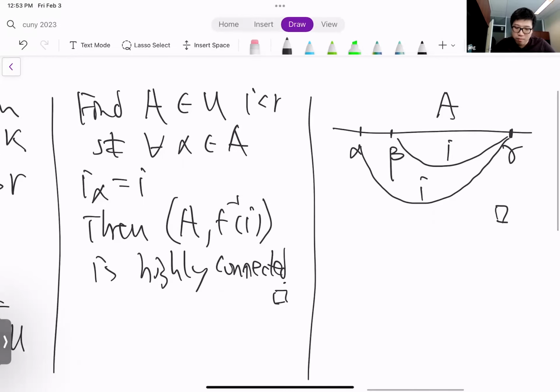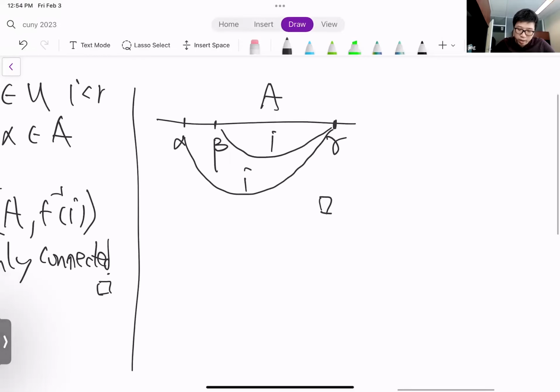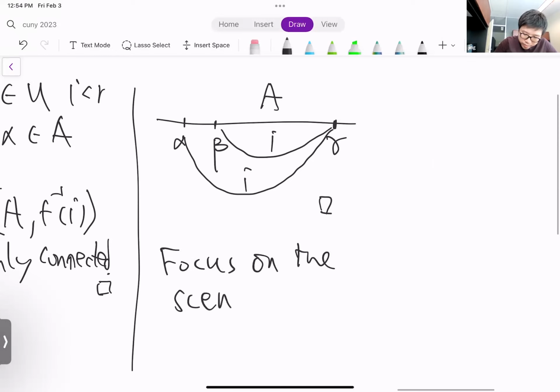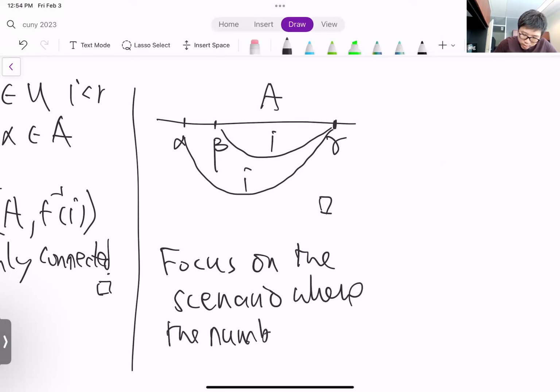So that causes some difficulty. Okay, so let me say we're going to focus on the scenario where the number of colors is omega.